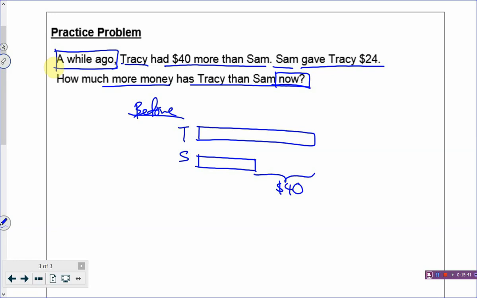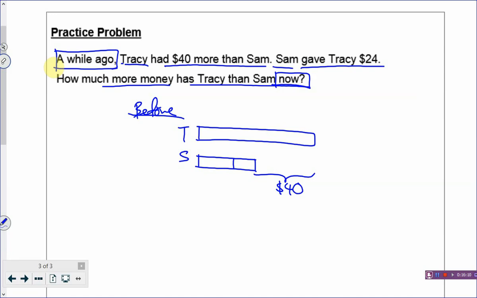Now, Sam gave Tracy $24. Oops, did you cut at the wrong place? Okay, let's see. Now, Sam is giving, not Tracy giving. So which means that you should be cutting here. So there is a twist in the problem. So it doesn't mean that all the problems are similar. If you try to look at the previous problem and copy the model, you are doing the wrong thing, because every problem has a different kind of model.